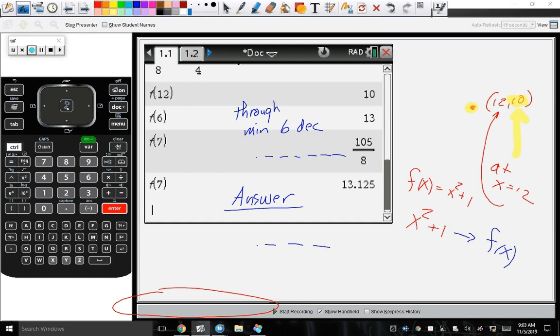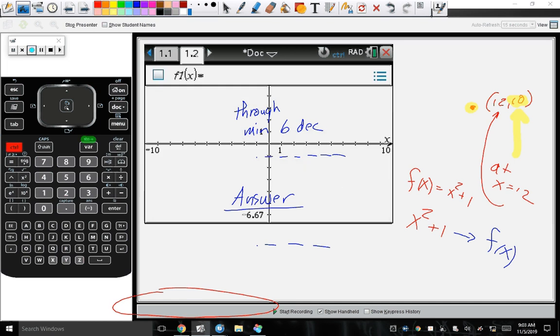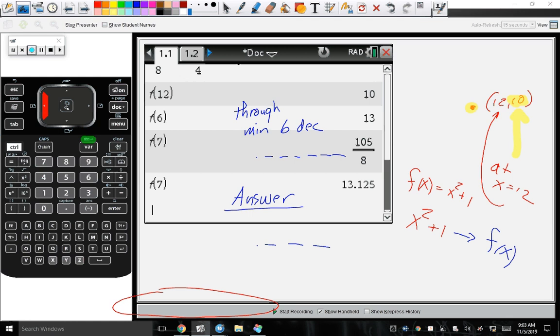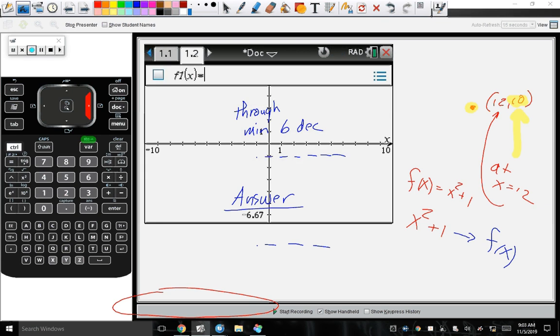Let's go to our table. So over here, from the second screen, I'm going to put control to the right to go to 1.2. And now I'm about to put in the equation that I got. Okay?